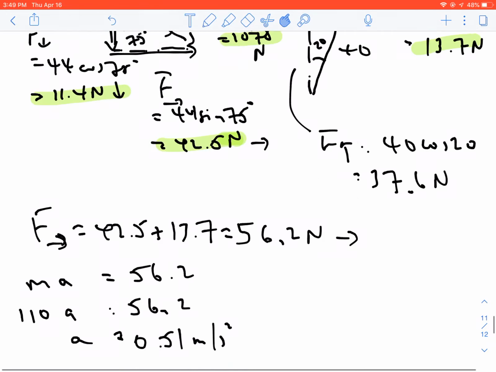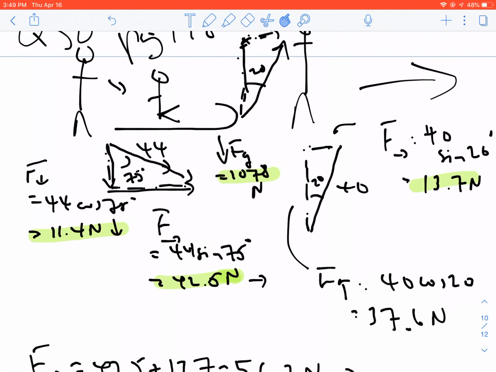And I also have an upward force of 37.6 newtons here because of this component of my person who's pulling at the front here.